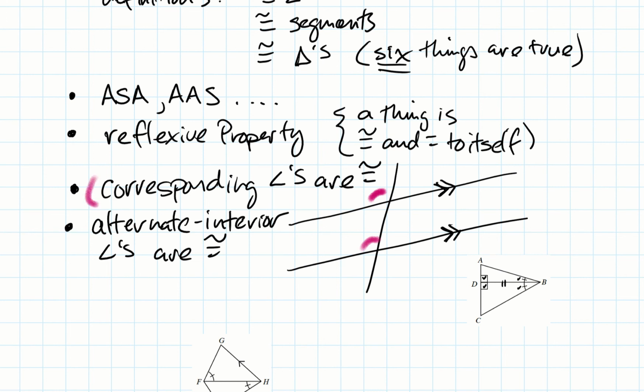Corresponding angles. Alternate interior angles would be something like this angle and this angle. They're on alternating sides of the transversal, and they're inside of the parallel lines. So those are called alternate interior angles. And whenever the parallel lines are cut by a transversal, those would be congruent. So those are alternate interior.